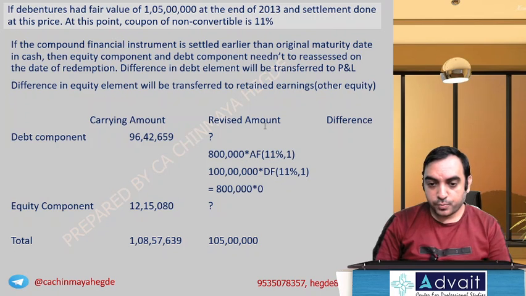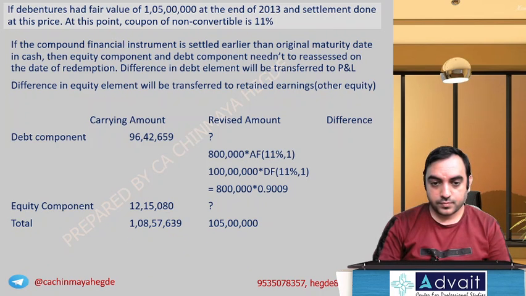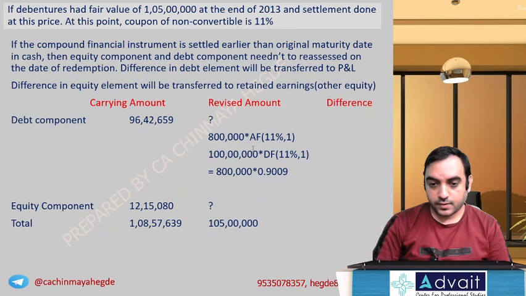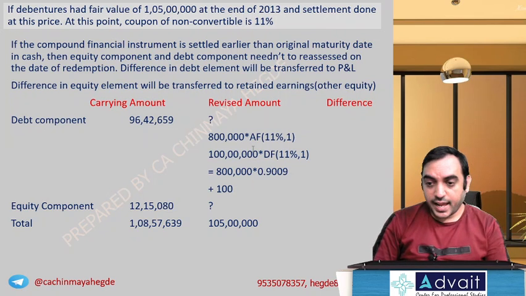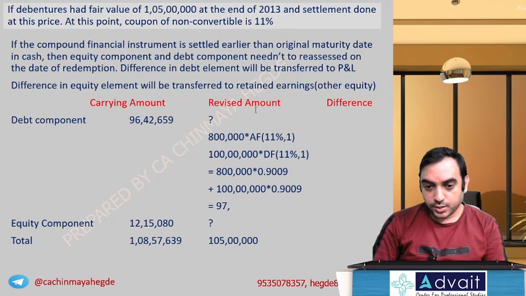So 8 lakh into 0.9009 and 100 lakh into 0.9009. So the total amount comes to 97,29,720.